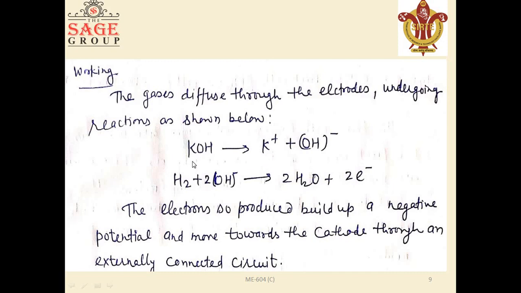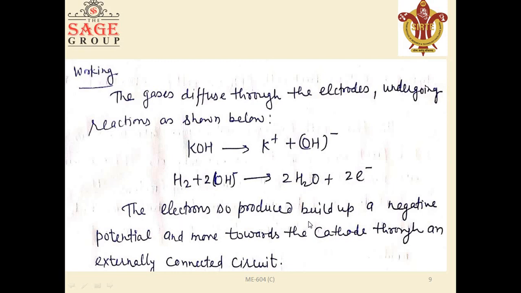Here we can see the KOH, that is K+ and OH-. Then H2 plus 2OH- produces 2H2O. So 2H2 plus 4OH- gives 4H2O plus 4 electrons.